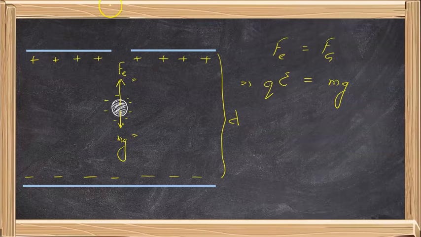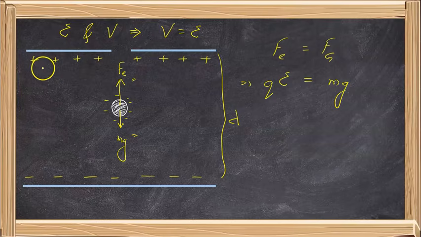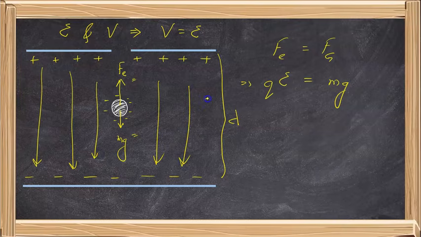Now again, the relation between electric field and potential is V is equal to the electric field. The electric field is always directed from positive to negative. This is the electric field into the distance of separation, which in this case is d, right?